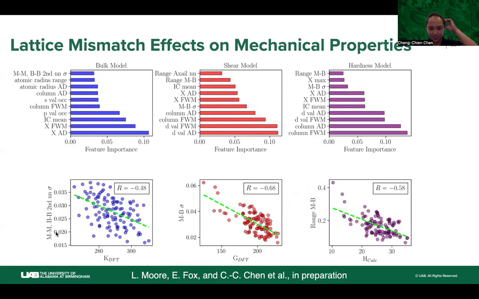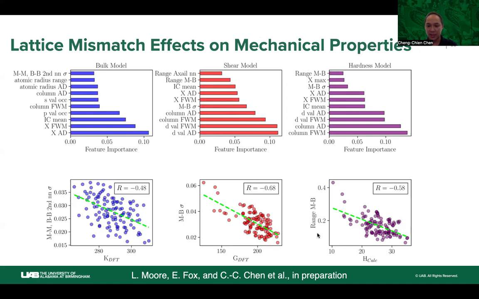For example, in the bulk modulus model, the metal-metal, boron-boron second neighbor distribution sigma has a negative correlation with the bulk modulus. Similarly, in the shear modulus model, the metal-boron bond distribution has a negative correlation with the shear modulus.